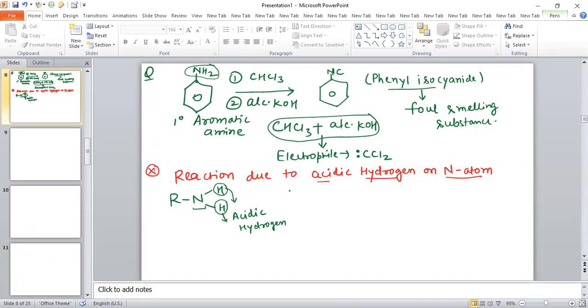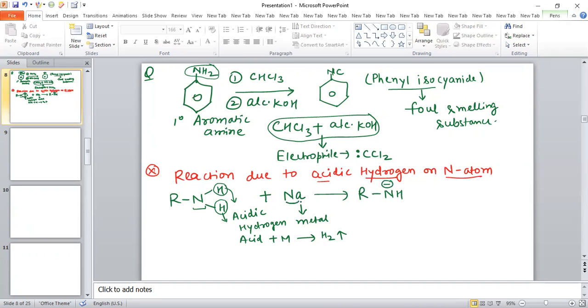When the amine reacts with sodium, sodium is basically a metal. We know when an acid reacts with a metal, hydrogen gas is evolved. So what happens when this H plus is removed? It converts into RNH negative after removal of H plus.